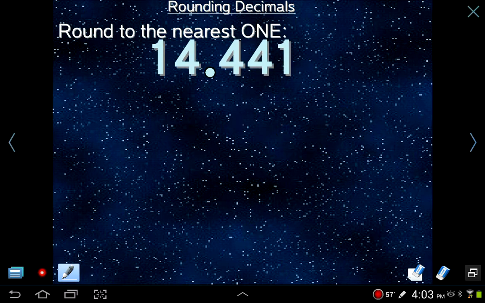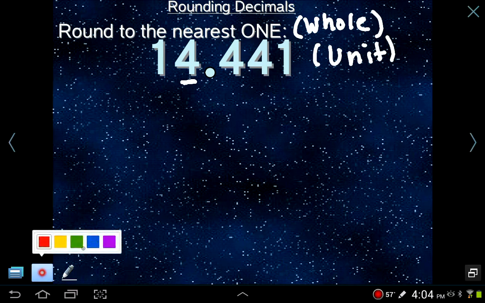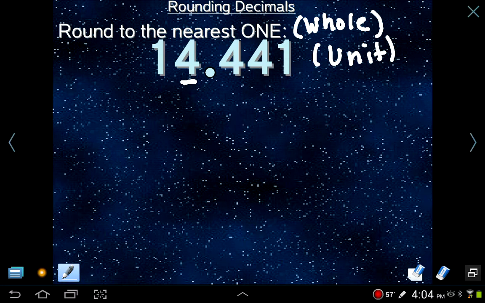Okay. Next one. Round to the nearest ones place. You might also see this kind of problem written as round to the nearest whole, or sometimes round to the nearest unit. That all means the same thing, round to the nearest ones place. So the number that's in the ones place is a 4, so we're going to look right next door, and we have a 4 there.